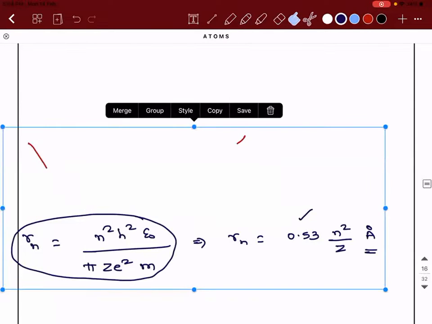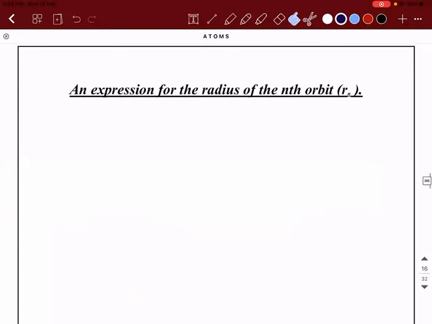If an electron is revolving in a circular orbit, then we know that electrons, according to Bohr, will revolve only in those orbits in which the angular momentum is quantized. Let me say this is the nth orbit in which it is revolving. Then who is providing the necessary centripetal force for this particle to revolve?